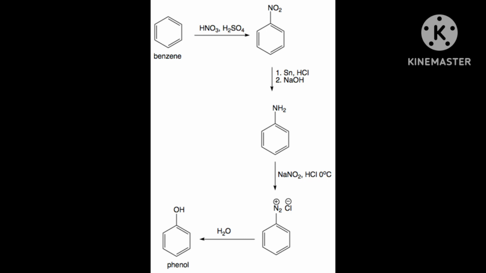Now suppose you have taken 2 NaOH, then this SO3Na will go as Na2SO3. Here, from the 2 NaOH you have taken, 1 Na plus will go to the SO3Na, and it will form Na2SO3.